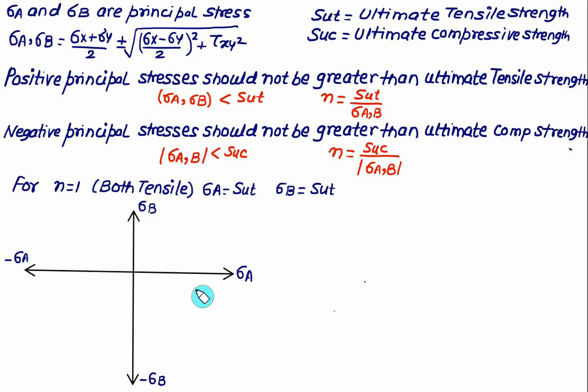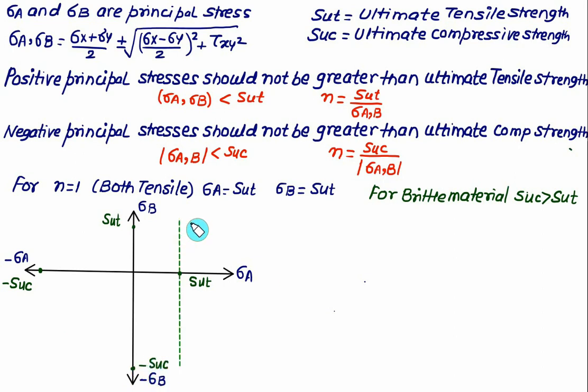Now for brittle material, the value of SUC is always greater than the value of SUT. So the SUT value will show a slightly smaller value. Somewhere I will show the value of SUT, and the SUC value will be shown slightly higher, as a negative value on each axis.